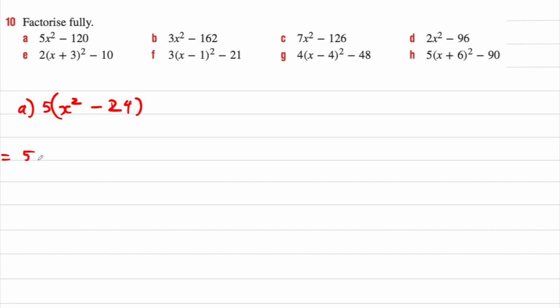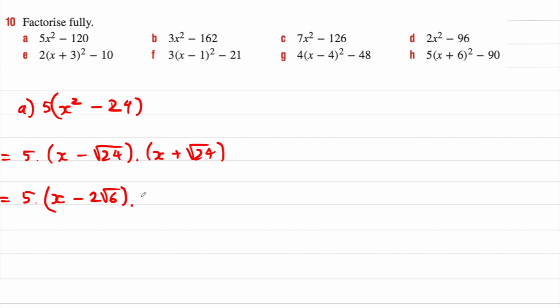So the next one will be the difference of squares, h minus square root 24 and h plus square root 24. 24 is 4 times 6, which means 2 times square root 6.